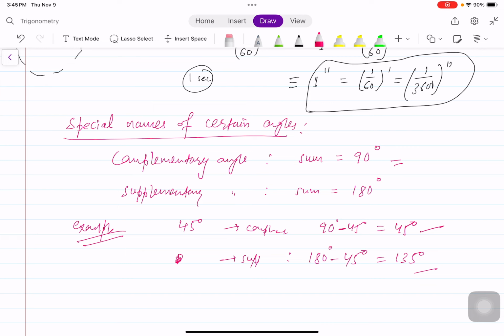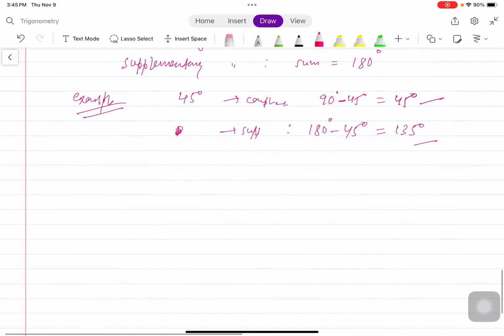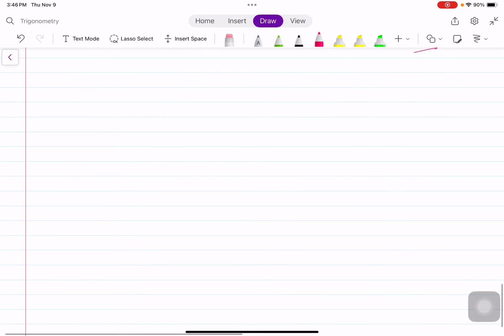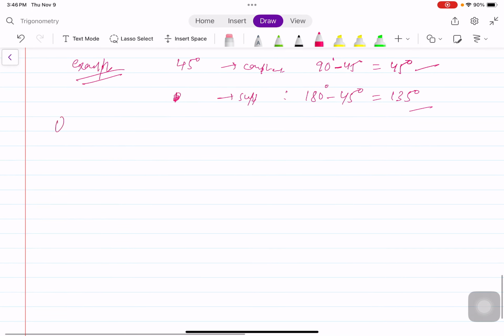Next, let's solve a few problems where we convert angles to decimal degrees and the other way around. So the question: how to convert to decimal degrees.